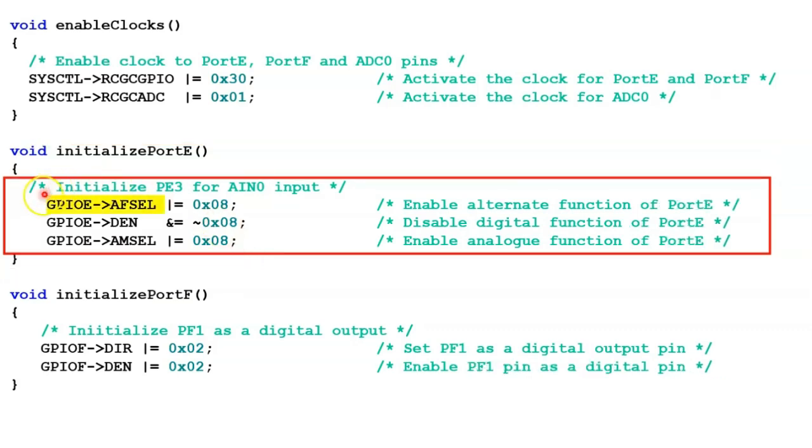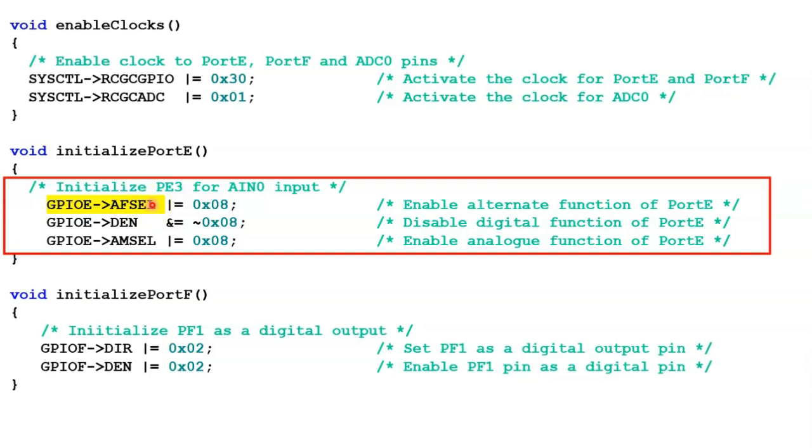Okay, so let's take a look at the first statement of the function. This is the alternate function select register. AFSEL is a member of this structure, as we showed earlier.